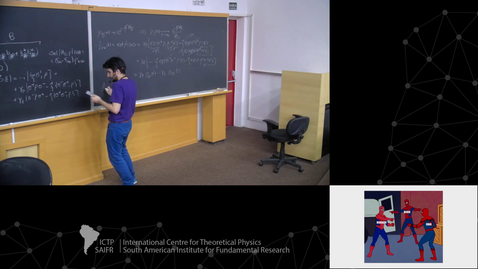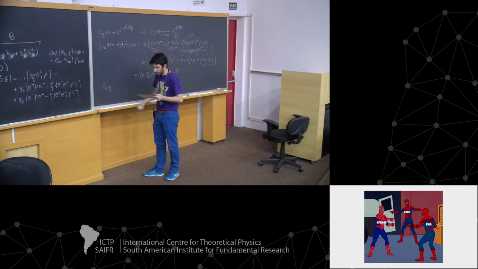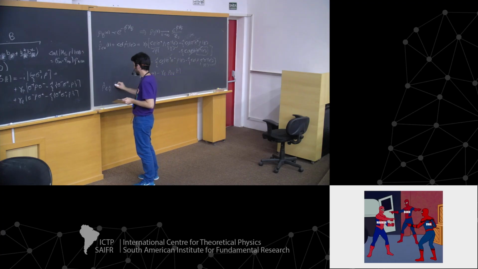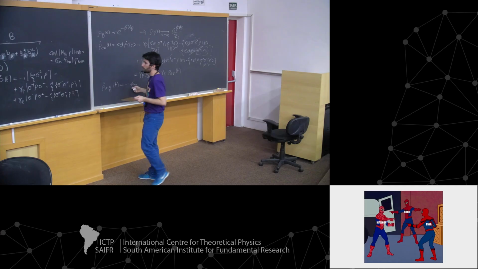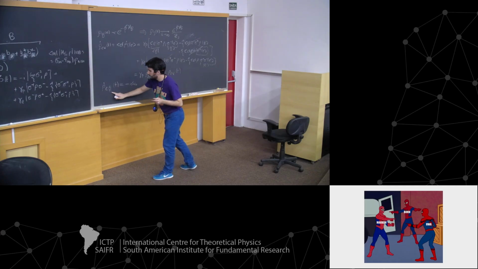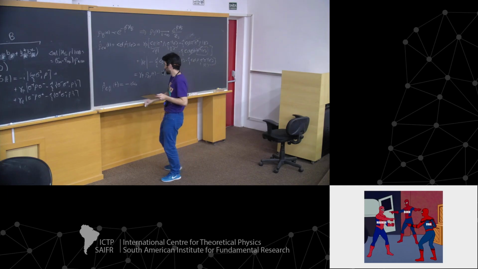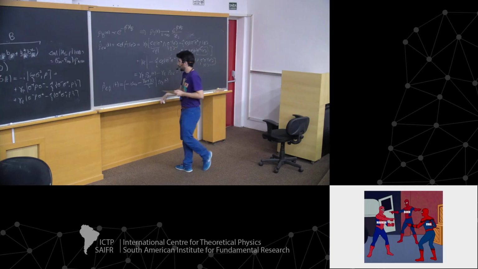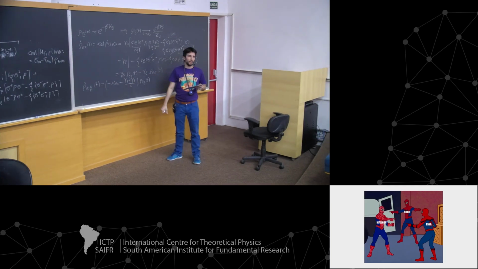Now you can have fun deriving this object. This time, this object has a Hamiltonian contribution, the difference in energy between the two states. And then it also gets contributions from the anti-commutators.